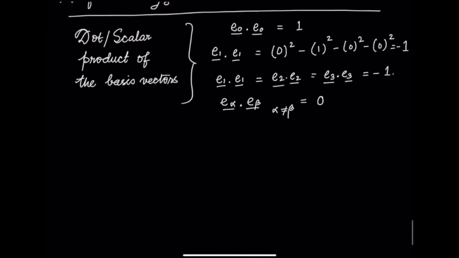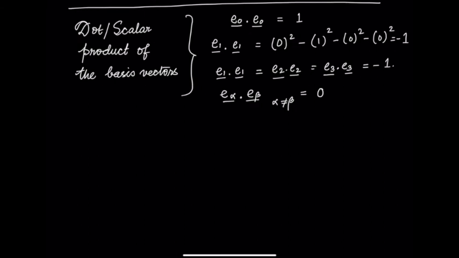How many components do I have here for these dot products between the basis vectors? You see, there are 4 basis vectors, and you can take the dot product of each one of them with the other 4 basis vectors. So there are 16 components. Interesting. And what are the components?